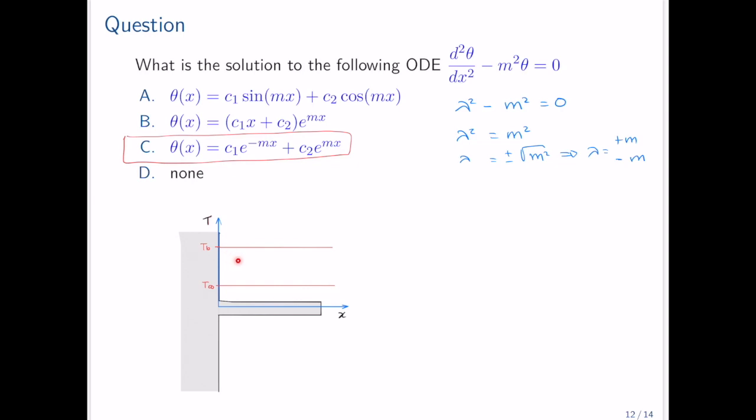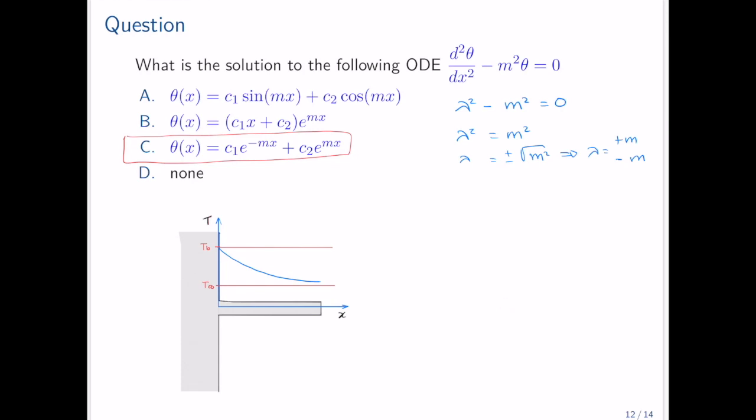The temperature distribution is going to be something like this. It is going to drop from T_b and, at the tip, be very close to T infinity, but it is not going to be equal to T infinity unless we make this fin very, very long.